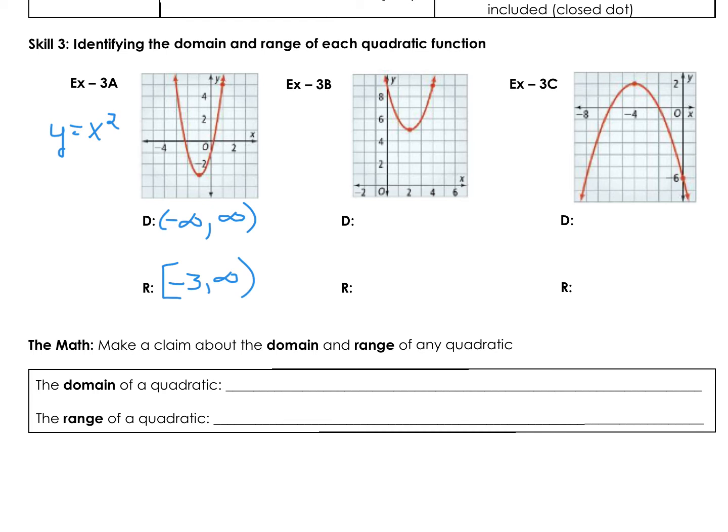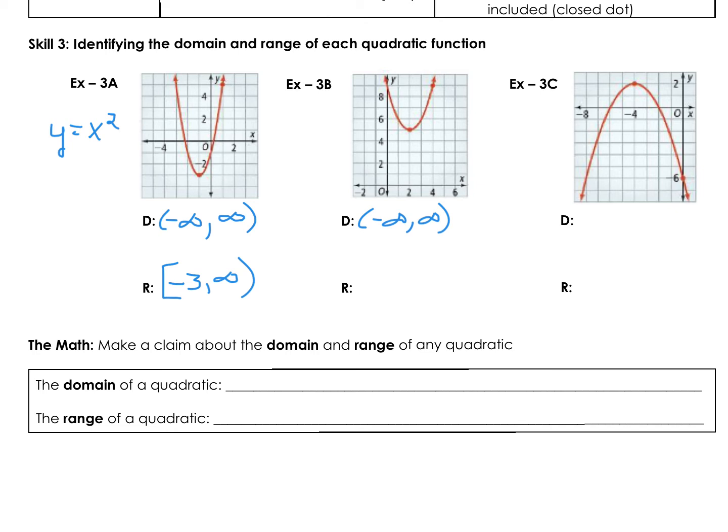Now pause the video and see if you can find the domain and range for these two graphs. If you paused your video for 3b, going from left to right, this graph goes up and to the left forever, and up and to the right forever. Left and right are x directions, left is negative infinity, right is positive infinity. So the domain is negative infinity to positive infinity.